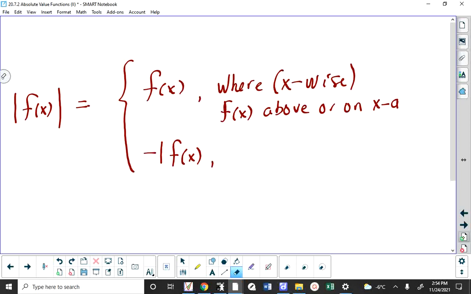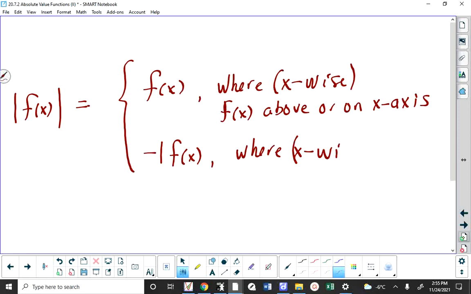Where x-wise, the graph of f of x, without the absolute value signs, just looking at the graph, where it's above the x-axis or on the x-axis, that's the domain that you have to figure out that always goes there, always. And the domain that always goes here is where x-wise f of x was below the x-axis.